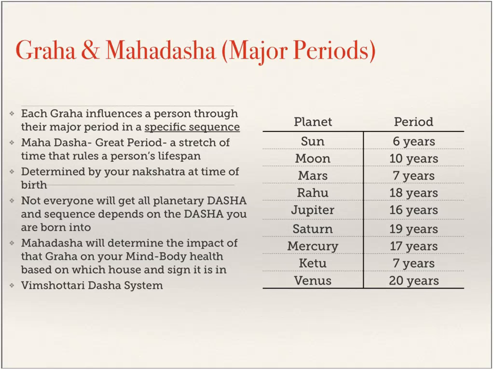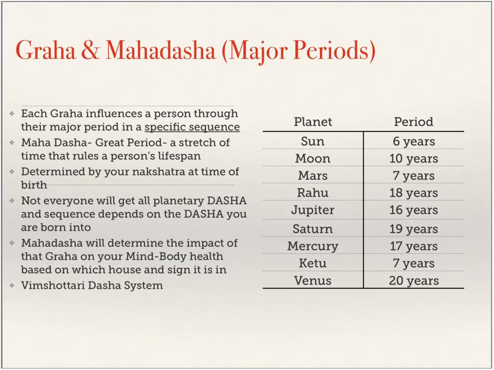Mahadasha, maha means great, dasha means period or time period. It's a stretch of time that rules your person's lifespan and is determined by the nakshatra that you were born into. And again, I have not touched nakshatras in this lecture, and I will do so in the next lecture because it's a very vastly complicated subject. And so it's beyond the scope of this class, but I want to give you an insight into what that means. Again, one more piece of the puzzle, right?